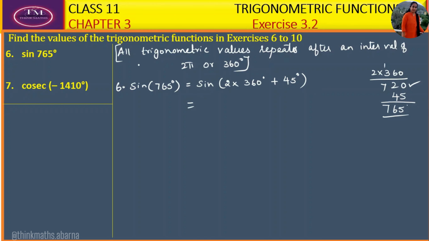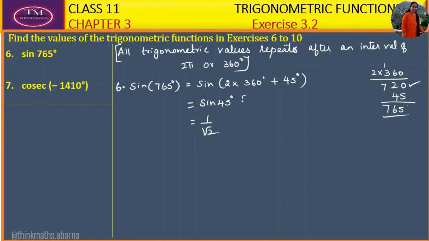So since all trigonometric values repeat after an interval of 2 pi or 360 degrees, here it is 2 into 360 degrees. So it repeats. Repeat means the sine will be the same. So sine 45 degrees. What is sine 45? Sine 45 is 1 by root 2. Okay.